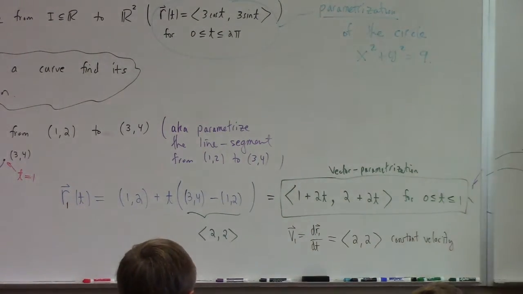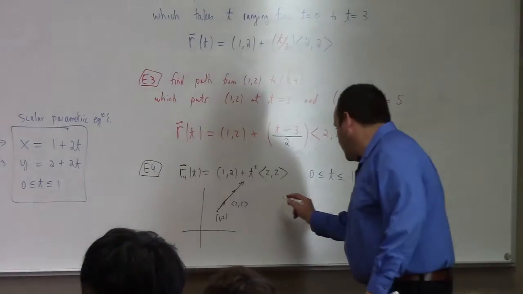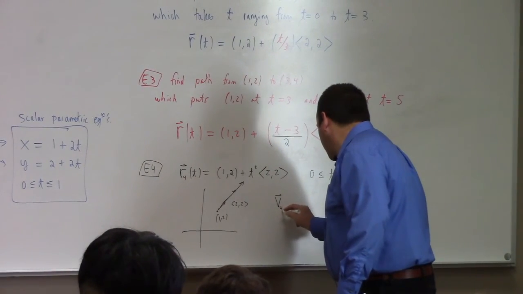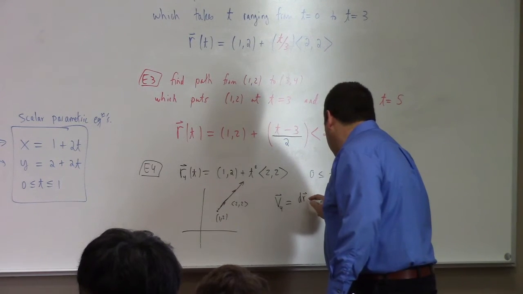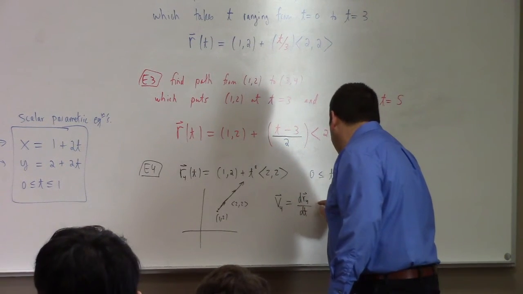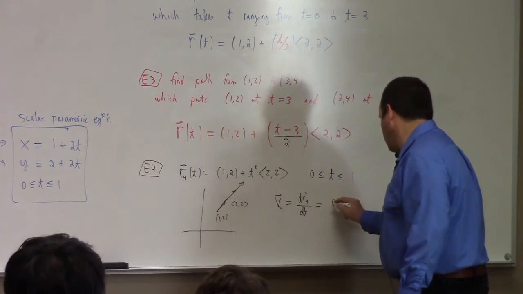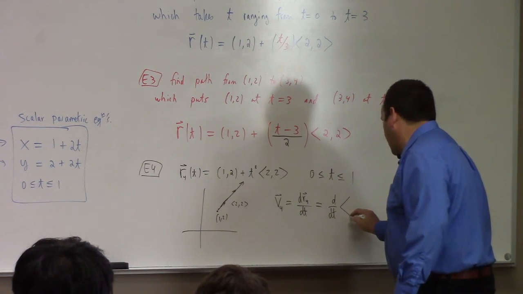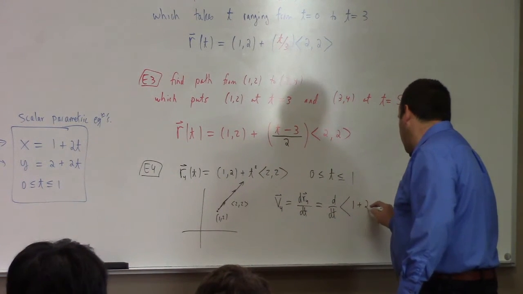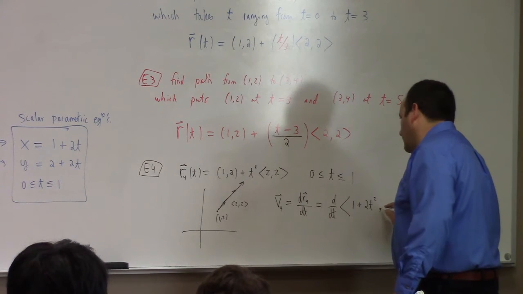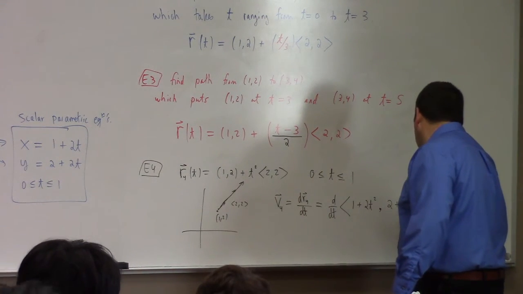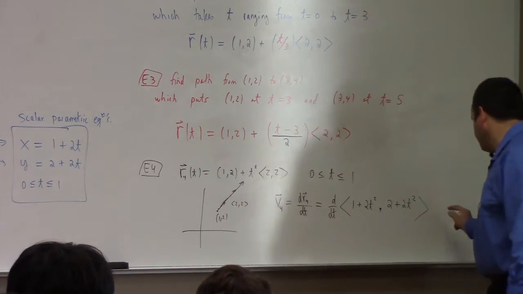In contrast, with this weird example I just made up, if you calculate the velocity of the fourth path, dr4/dt, what do you get? Here, I'll write out a step for you. That's 1 plus 2t squared, comma 2 plus 2t squared. When you differentiate that, what do you get?